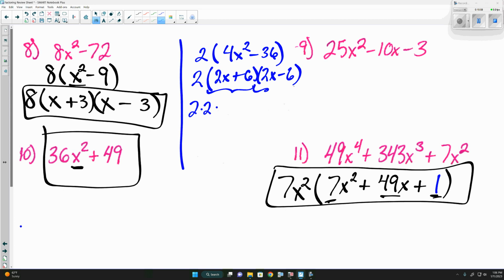And we also have a 2 here, which gives us x plus 3, x minus 3. We essentially get to the same thing, but we end up having to factor that out later. Any other questions on number 8? Questions on 9?